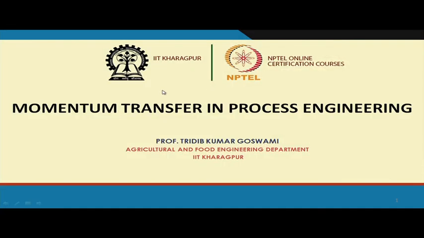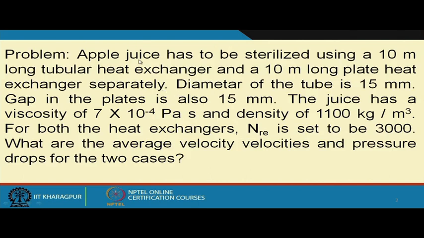For example, here if we look at that, apple juice has to be sterilized using a 10-meter long tubular heat exchanger and a 10-meter long plate heat exchanger separately. Diameter of the tube is 15 millimeter. Gap in the plates is also 15 millimeter.